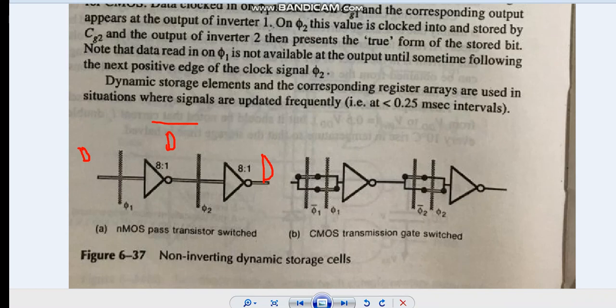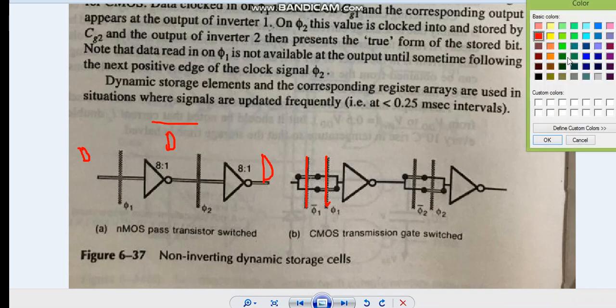stick diagram that they have shown here. This is the stick diagram. Of course, the inverter stick diagram you also know. So if they ask you to draw the stick diagram of the non-inverting dynamic storage cell, then this goes the poly, and this goes a diffusion.